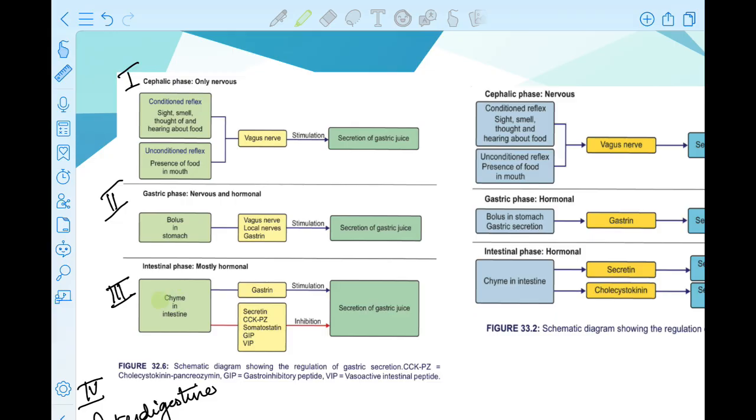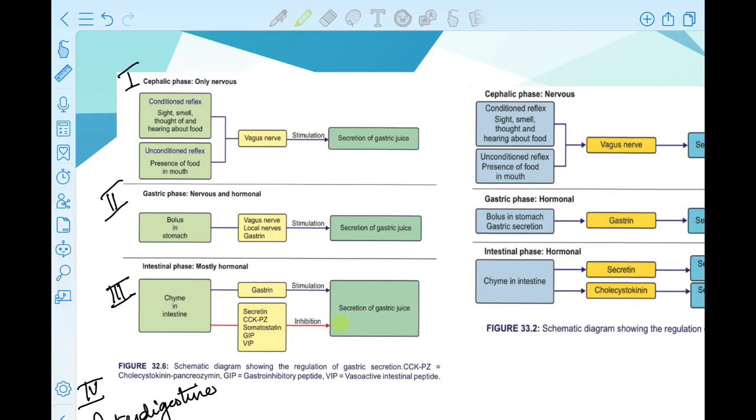And then the intestinal phase, that is when the chyme or the food bolus enters the intestine, the duodenum. Then what happens? Gastrin plays an important role. Gastrin is a stimulatory hormone that helps in the stimulation or secretion of gastric juice.